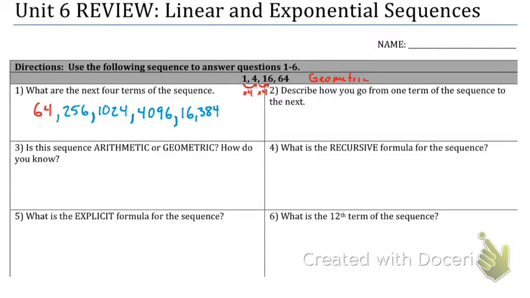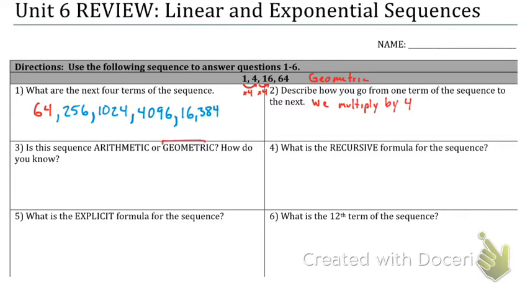Pretty simple there. Hopefully that's not too bad. Number 2, describe how you go from one term to the next. Very simple, we already did that. We multiply by 4. Number 3, is this sequence arithmetic or geometric?